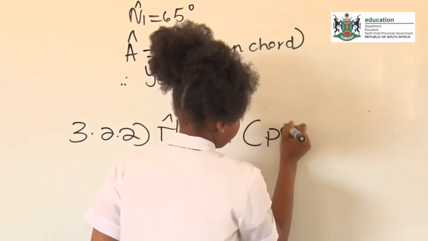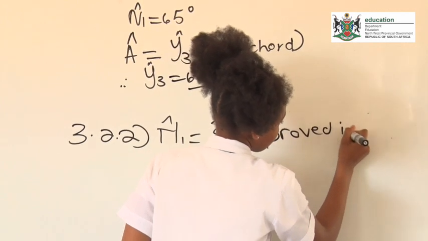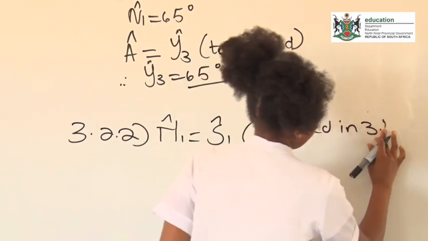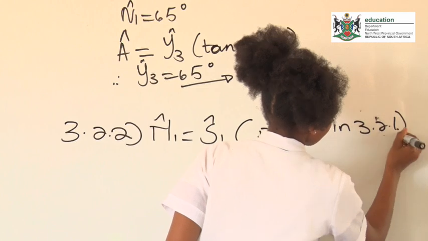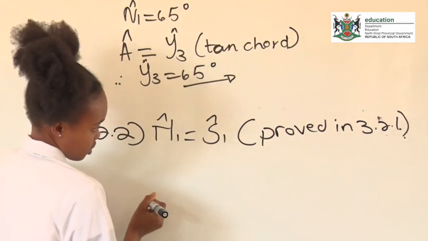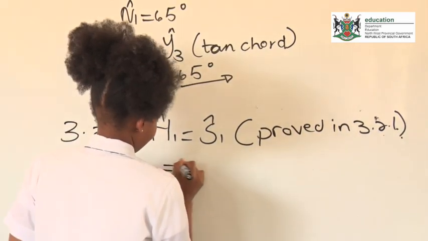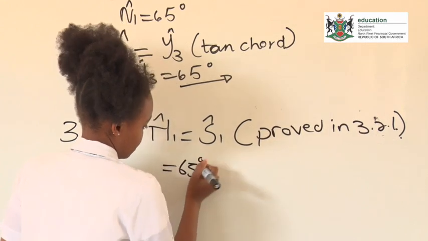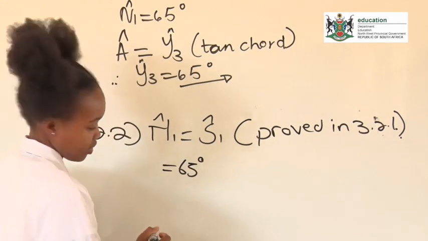The reason? Equal to what? Write the value. Equal to what? 65 degrees. Do you agree? Yes.